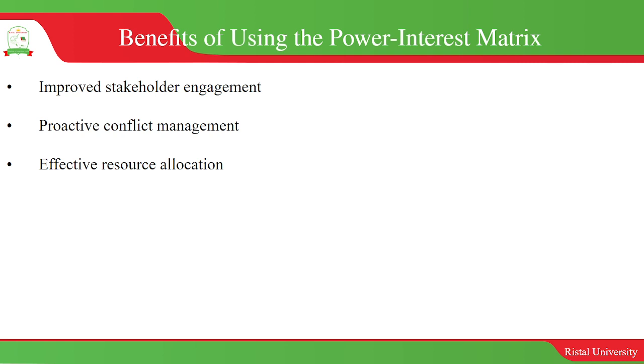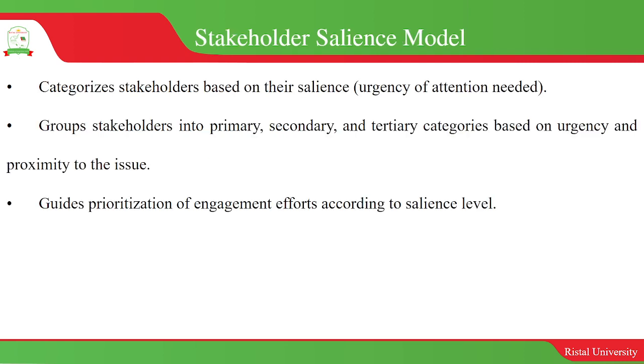You also put your resources on influencing stakeholders that matter. You cannot waste a lot of resources on low power, low interest. You want to put your resources where you have higher chances of success. So high power, high interest is where you really need to put a lot of attention. So we move to the second one, which is the stakeholder salience model.